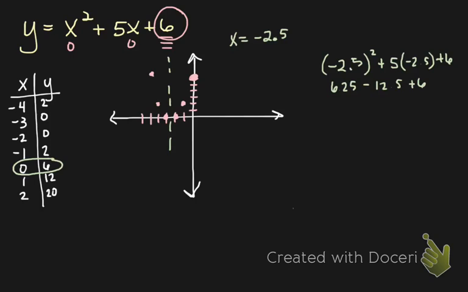Then we can combine all of those together for a grand total of -0.25. So our vertex is going to lie at -2.5, -0.25. So we can go ahead and try to eyeball that point. And now we have a good sketch for our parabola. So once again, the standard form is going to give us the y-intercept of our graph.